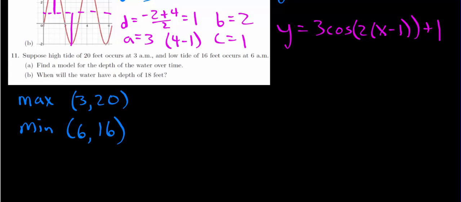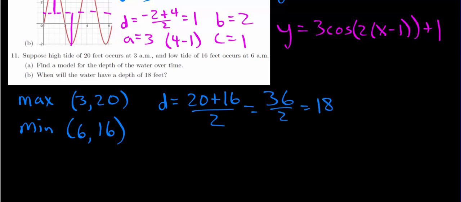We want to come up with a model for this. We know the line of oscillation is going to be the average between the min and the max. So that's 36 divided by 2, which would be 18.